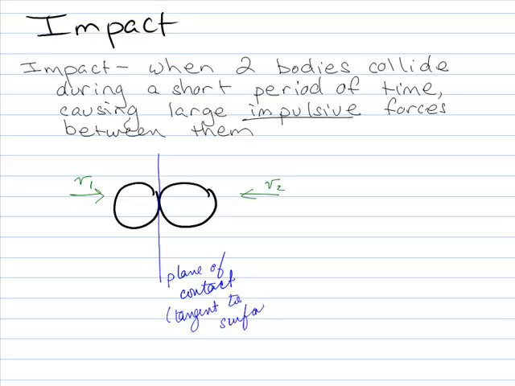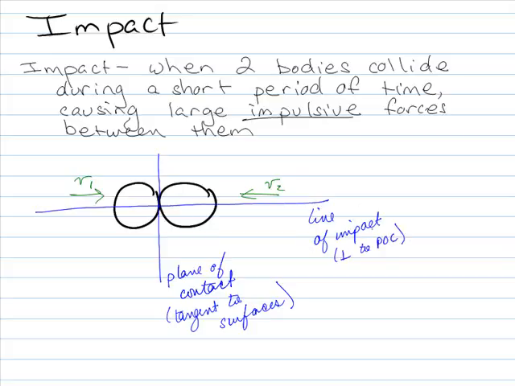It's really important to get these drawn in correctly. We'll talk more about why later, but for the moment, take my word for it. So that's the plane of contact. Perpendicular to it is the line of impact. So I'll probably end up calling these LOI and POC, because I'm lazy: plane of contact, line of impact.